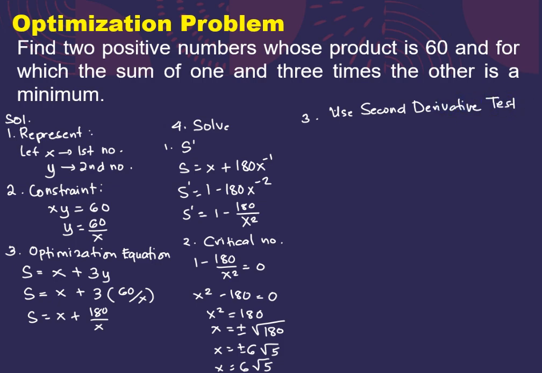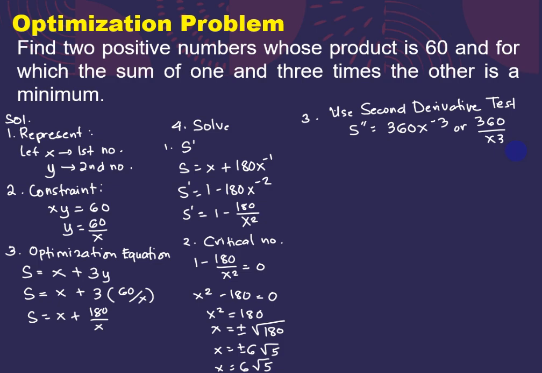So therefore, we need to find the derivative of the first derivative. So the first derivative is 1 minus 180 x to the negative 2. Therefore, s double prime is the derivative of 1, which is 0. Derivative of negative 180 x to the negative 2, that's negative 2 times negative 180, positive 360 x to the negative 3, or 360 over x cubed.